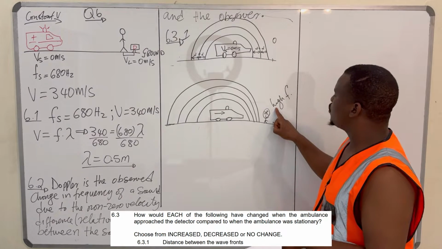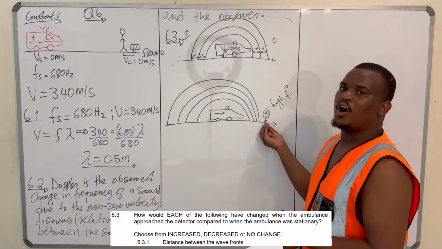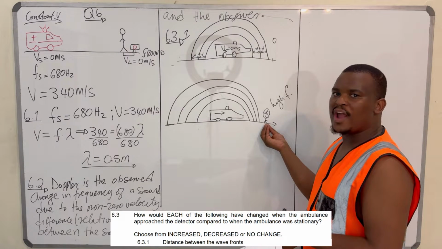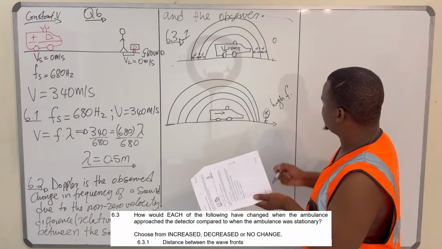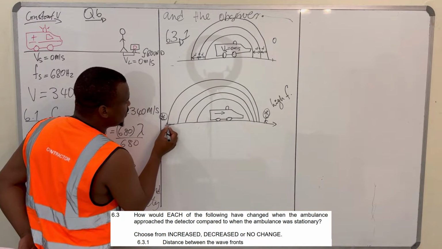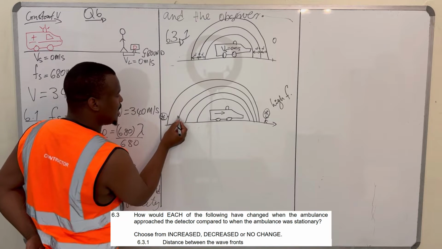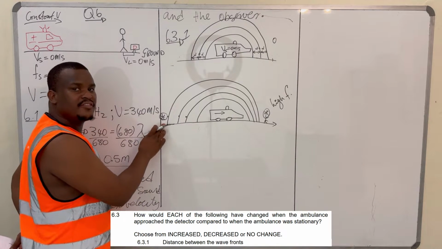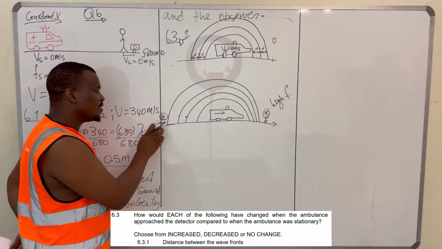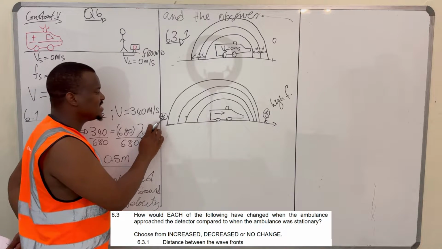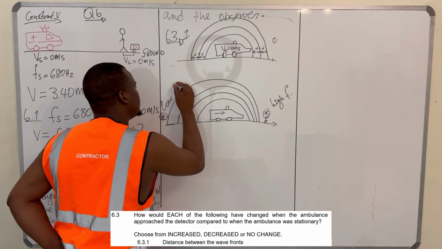Your detector will be detecting many waves per second, so you'll observe higher frequency. But if you're at the back here, you'll be hit by this one, then after some time this one, then after some time this one. As a result, fewer wavefronts will be reaching you per second, so you'll observe a lower frequency.